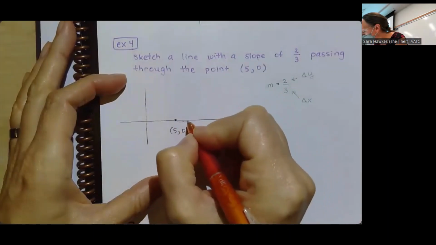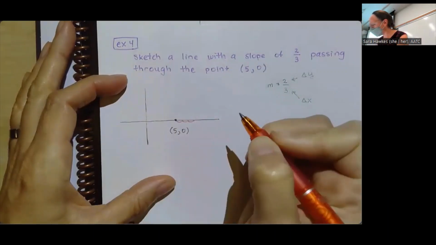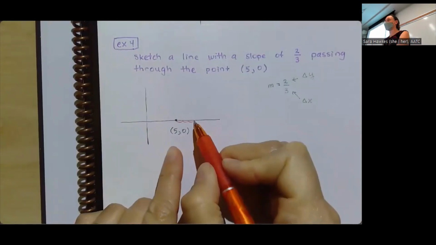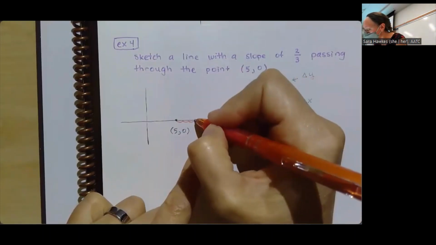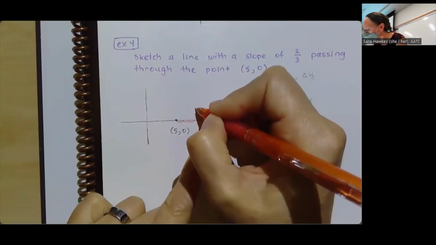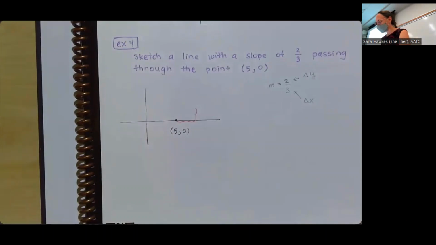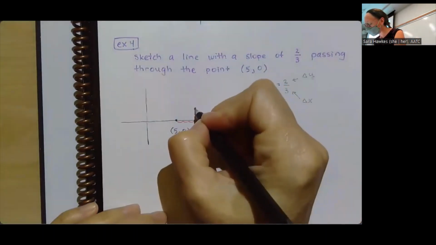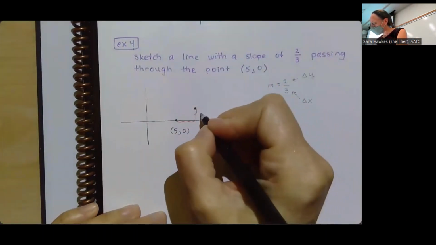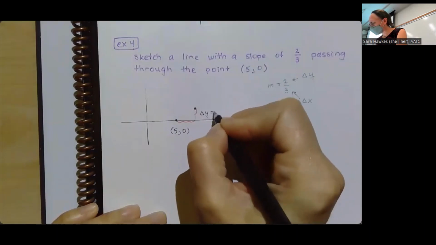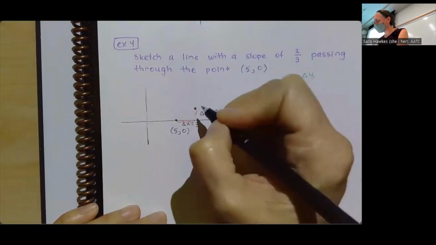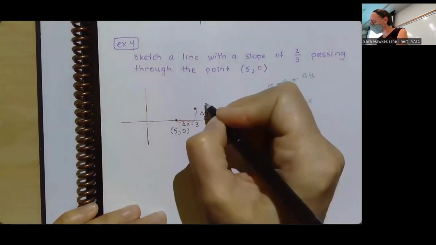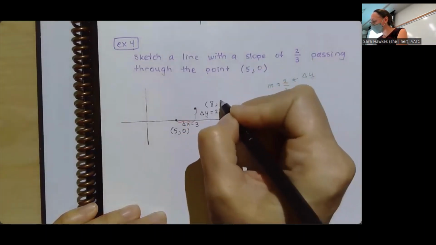So take 1, 2, 3 steps, which means my x value would now be what? And I need to make a change of 2 in the y direction. So 1, 2. So I'm going to end up at this point over here where my change in y was 2 and my change in x was 3. So I'm now at 8, 2.